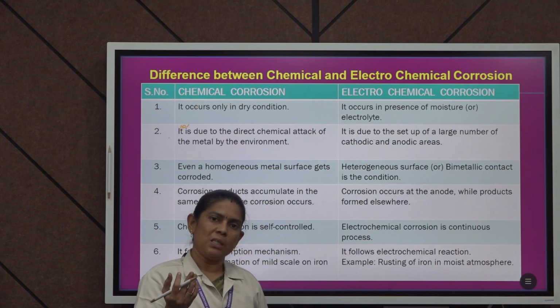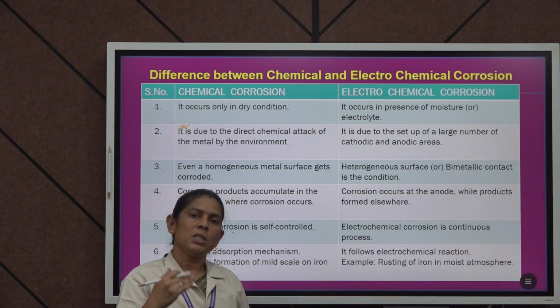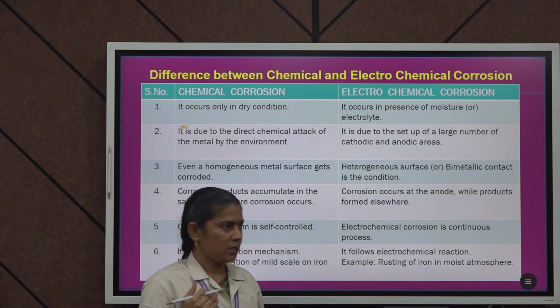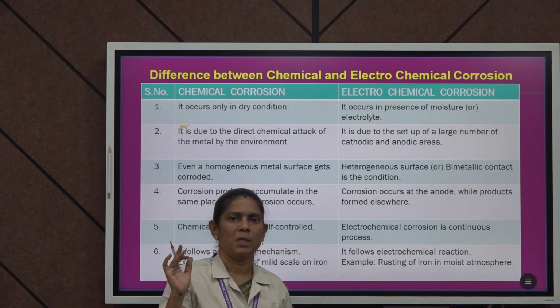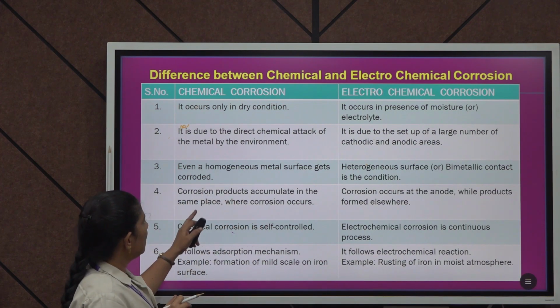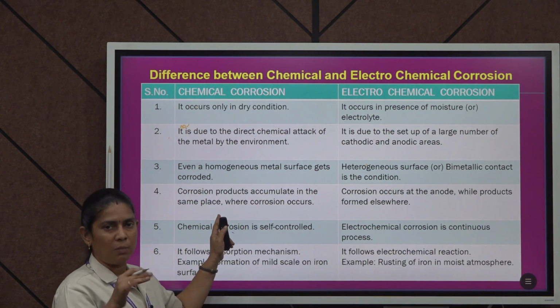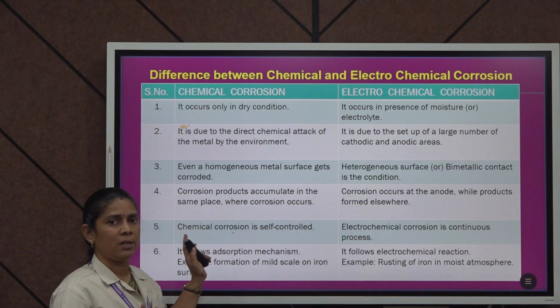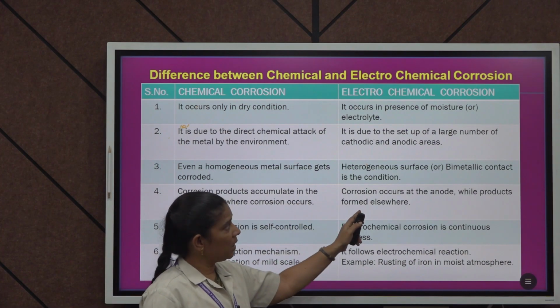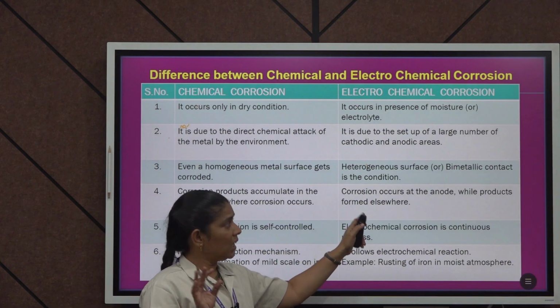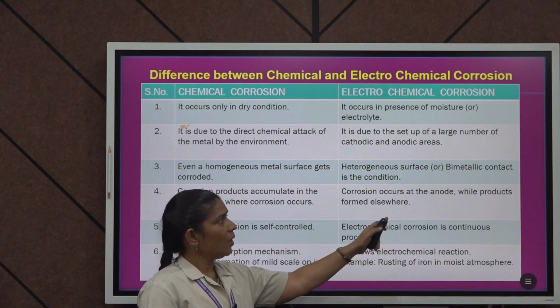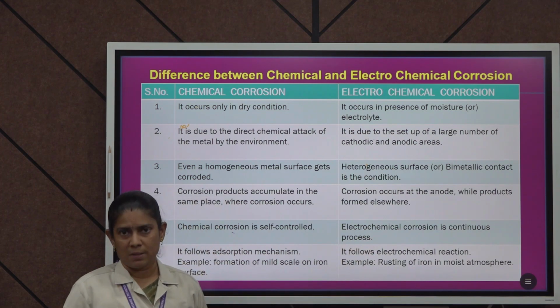Single metals also get corroded, but when exposed to varying concentrations of an electrolyte, one part becomes anode and another part becomes cathode, right. And one more difference: in chemical corrosion, the corrosion products accumulate in the same place where the corrosion occurs.